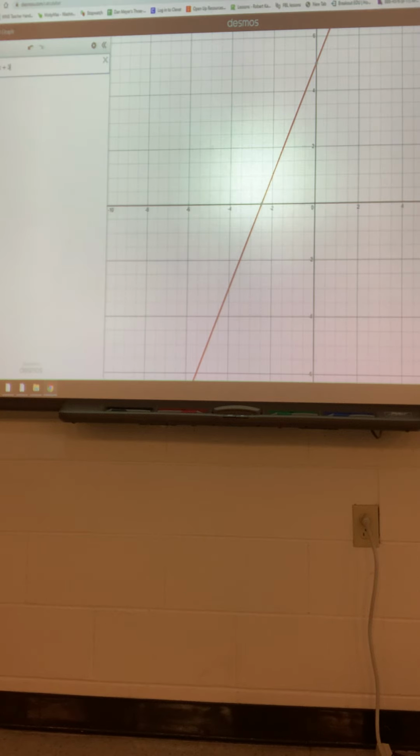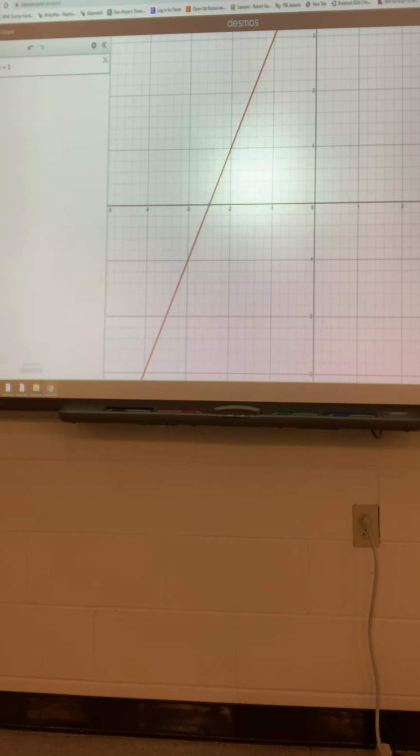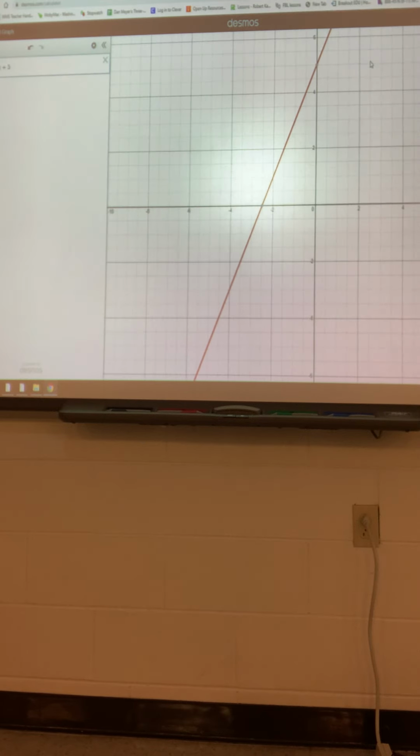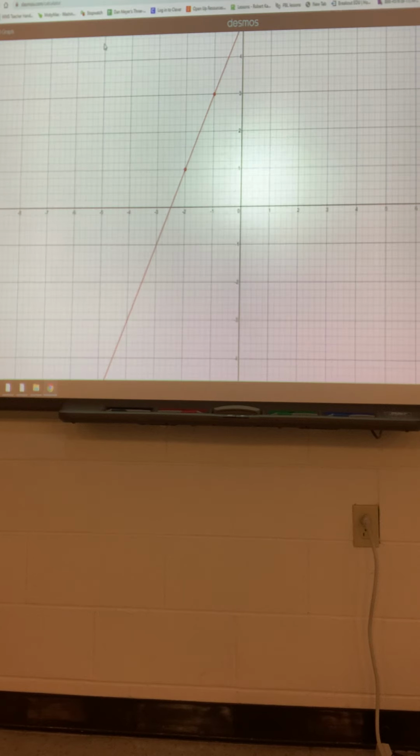And now I can change, like I can go closer, I can scroll out. Here's a table of it, like we just made for our graph that we did.